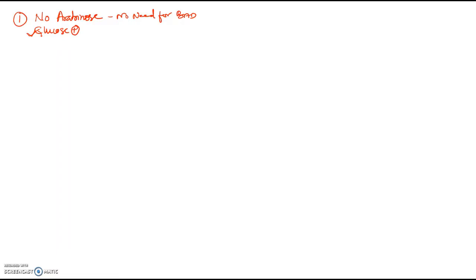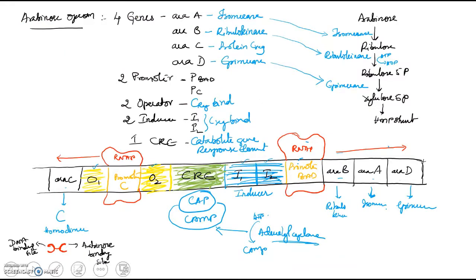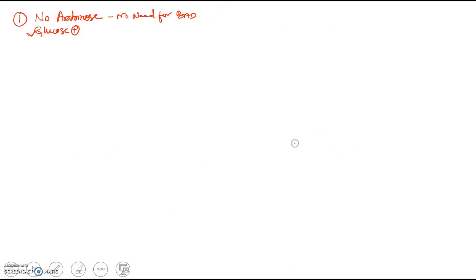When there is no arabinose, the C protein, which is a homodimer, one part of this will bind to operator region 2 and one part will bind to inducer region 1.